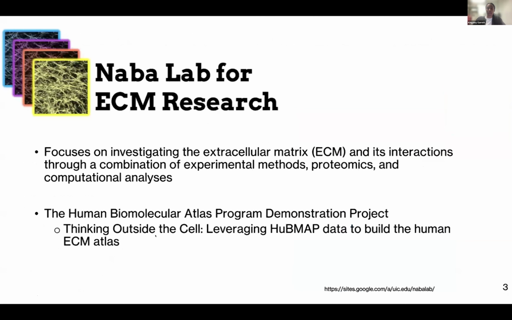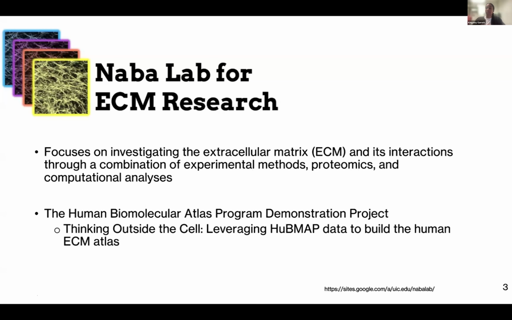And so what does the NABA Lab actually focus on? It focuses on investigating, of course, the extracellular matrix and also its interactions through a combination of experimental methods, proteomics tools such as mass spectrometry, and computational analyses. And so their main goal is to have a better understanding of the extracellular matrix and what roles it plays in causing various pathologies in order to help with developing new therapeutic approaches.